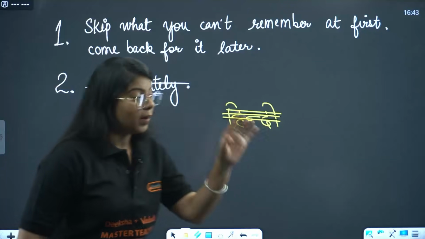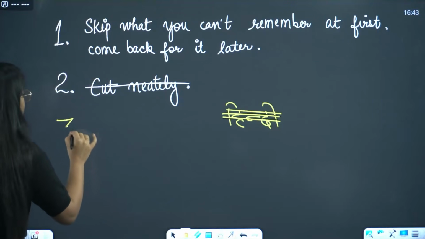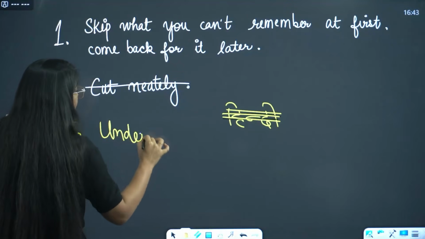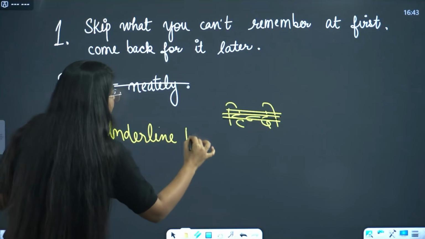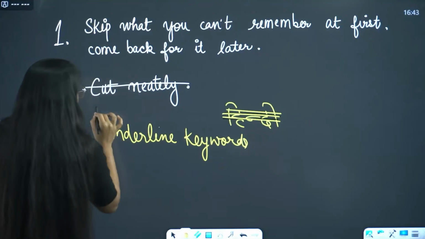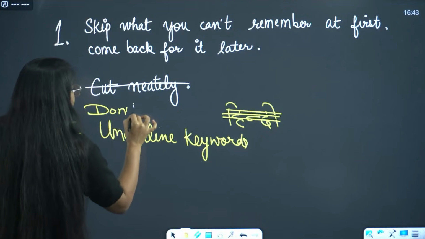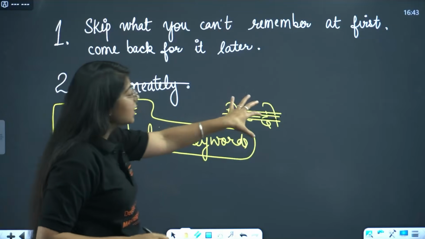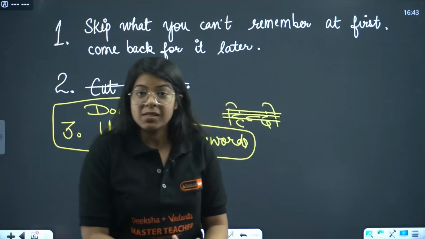And one very important part: I know in other videos, in other subjects, I have asked you to underline keywords, but here we don't have to underline keywords. What? Don't underline keywords. Why, ma'am? Because Hindi already has so many matras in it, right?